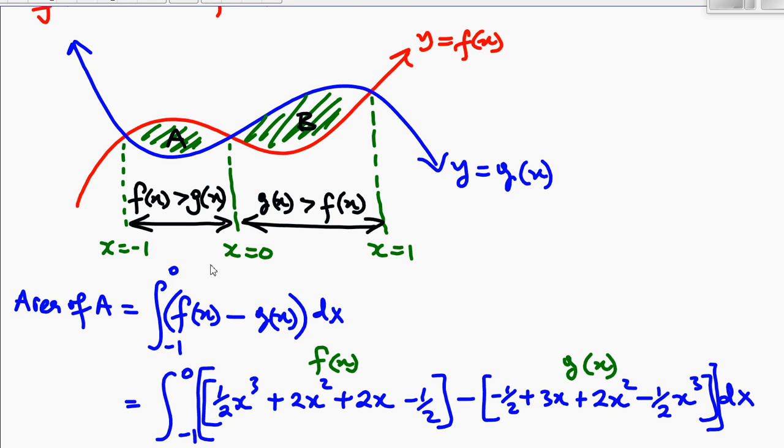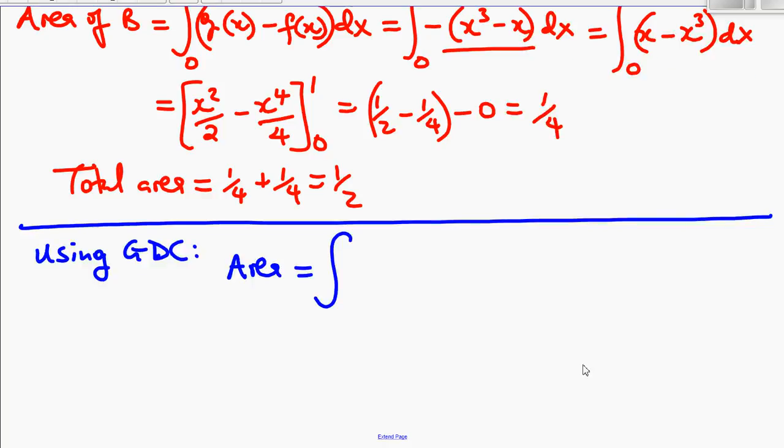The lowest is -1, the highest is 1, and then the absolute value of f of x minus g of x dx, and you should be able to get the answer.